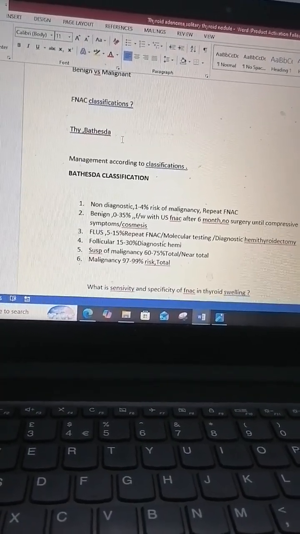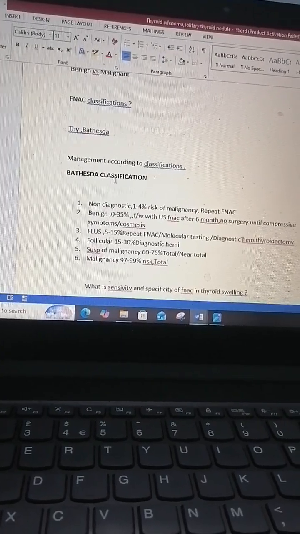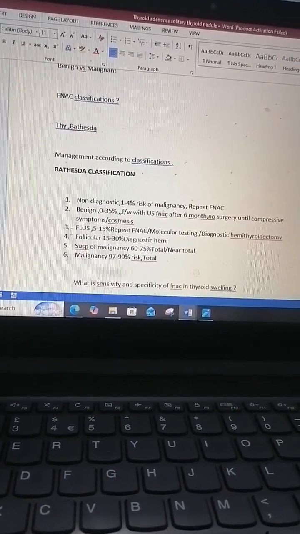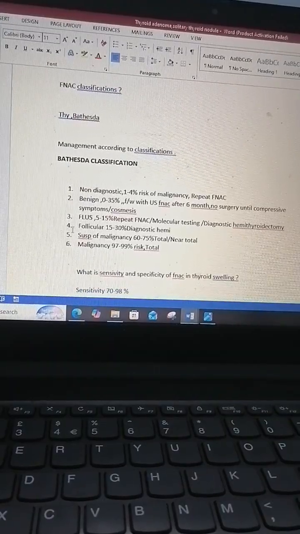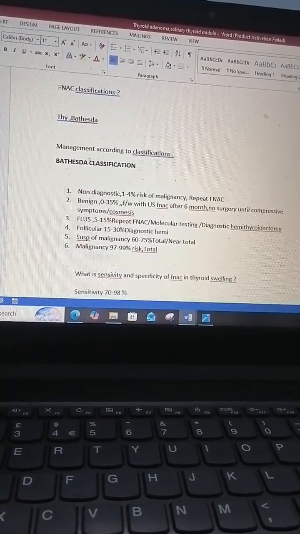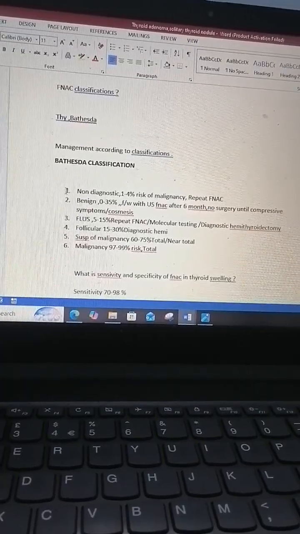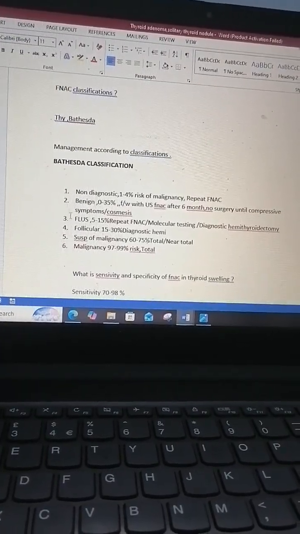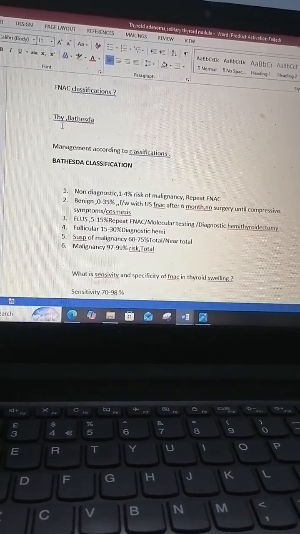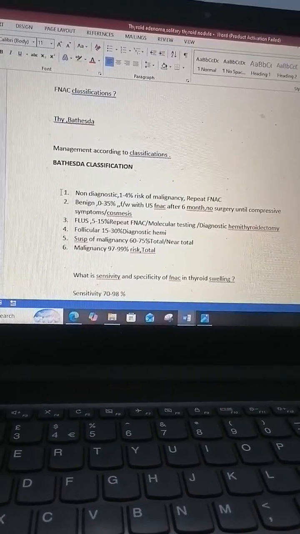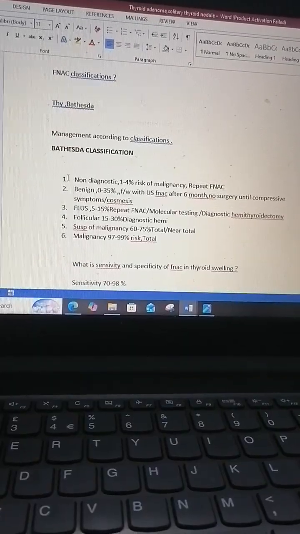Basically these two are the same, but there is only a difference of one subclass. We will see in this picture that the Bethesda classification is subdivided into 6 subclasses, and the Thy classification is subdivided into 5 classes.